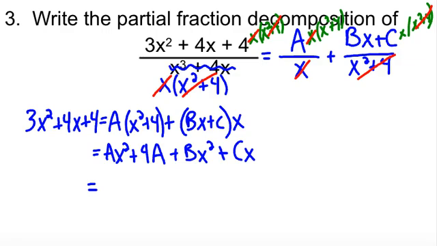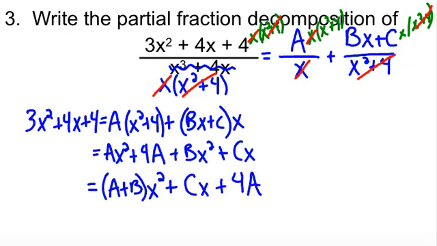And then on the right side, I'm going to collect my like terms. So I have Ax squared plus Bx squared. That's the same thing as A plus B times x squared, if you think about putting those terms next to each other and then factoring out the x squared. Next, I have a Cx, and then I have the 4A. That's the term without x.